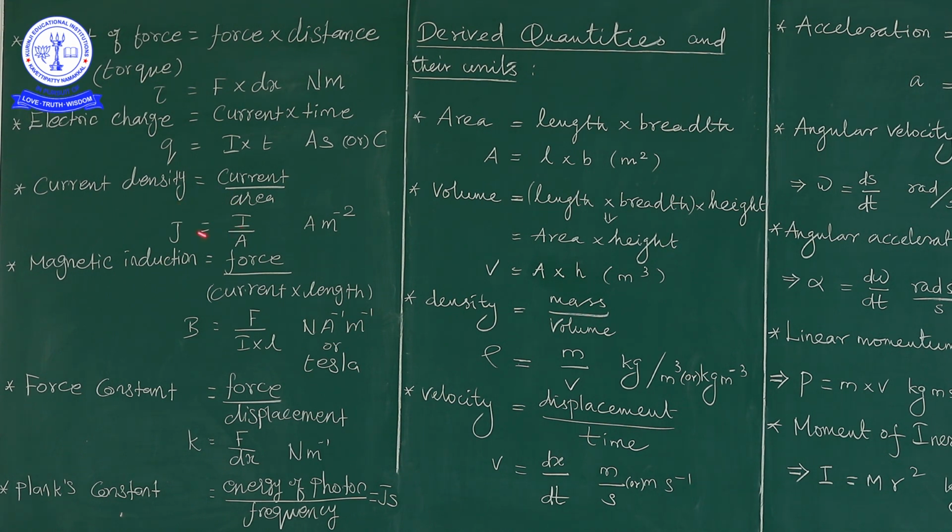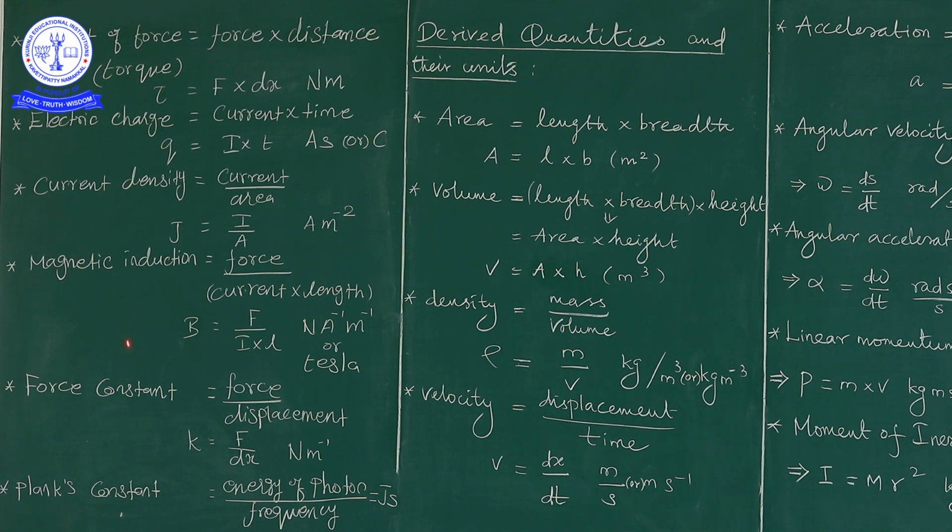We express J is equal to I by A. Already I told you J is the symbol of impulse in kinematics; in the field of electricity we use the same symbol J. So J equal to I by A is the current density.